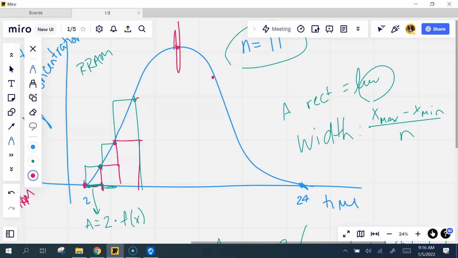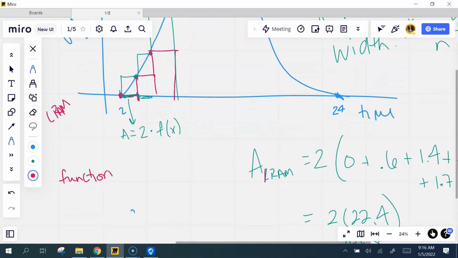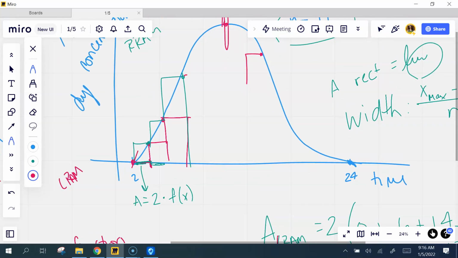When I get to this side, a right RAM would give me an underage, right? And so we talked about this just a little bit, and we said if the function is increasing, which it's doing until I get to that maximum, right?